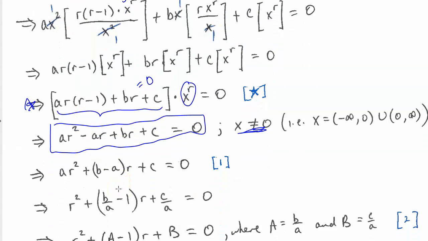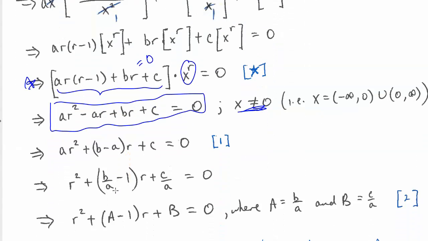And so if you notice here, I've written the characteristic equation in 3 different ways. And really it's 2 different ways, where here I'm just taking this b minus a and letting it be big A here, c divided by a, letting it be big B here. So the 2 most common forms of this second order characteristic equation that we use is equation 1 or equation 2.